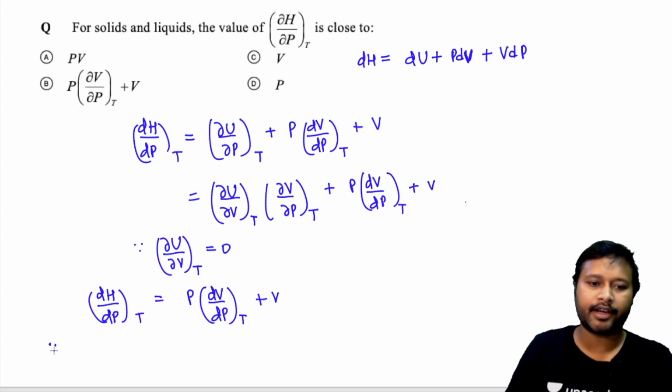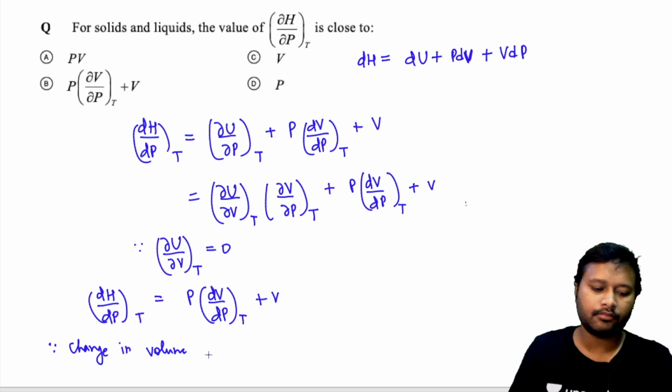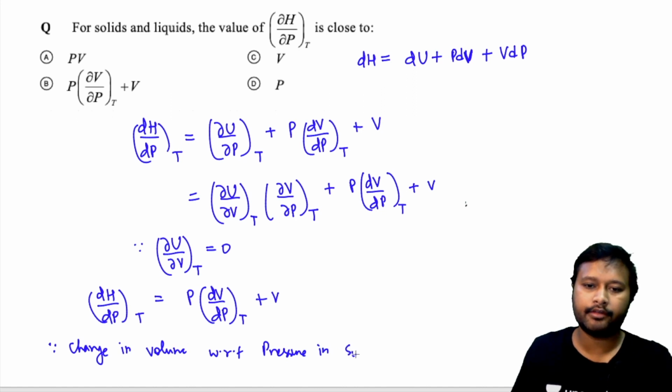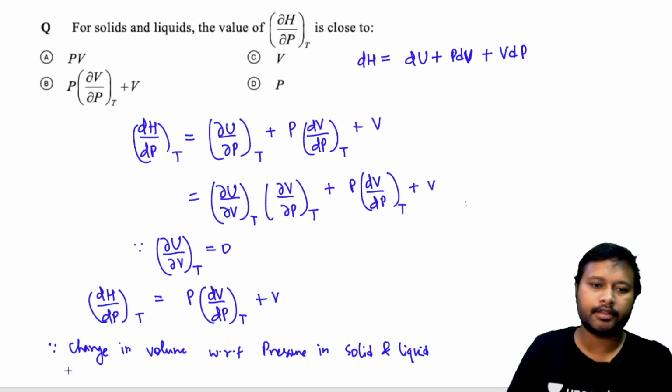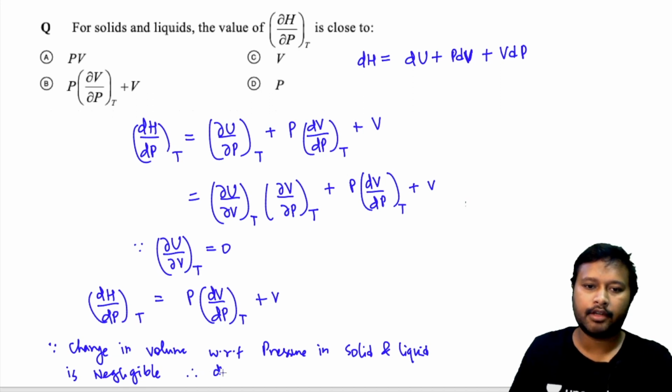So here you can write that since change in volume with respect to pressure in solid and liquid is negligible, that's why dV upon dP at constant T is approximately equal to 0.